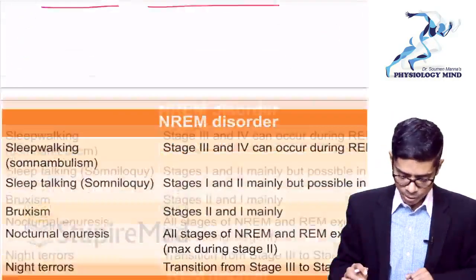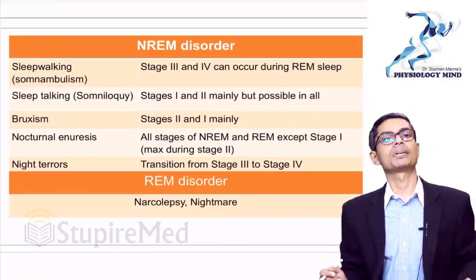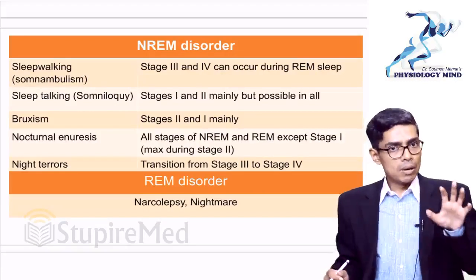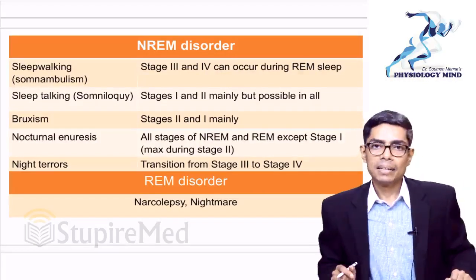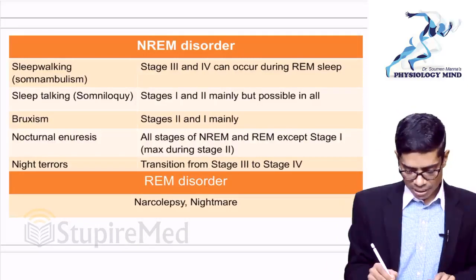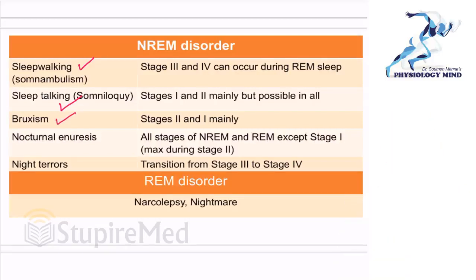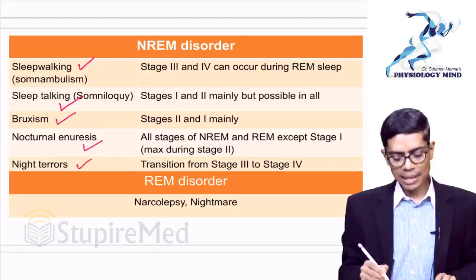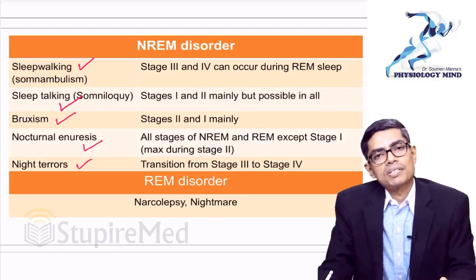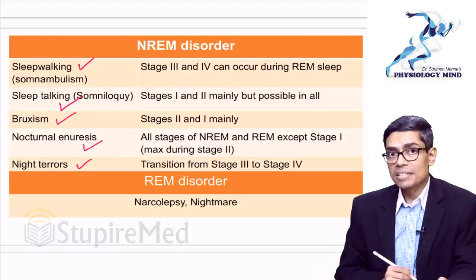Now coming to certain sleep disorders. Non-REM sleep disorders and REM sleep disorders. Non-REM sleep disorders, you know these disorders: sleepwalking, sleep talking, bruxism, nocturnal enuresis and night terror. All occur during non-REM sleep. Now I have written at which particular stage these are occurring.